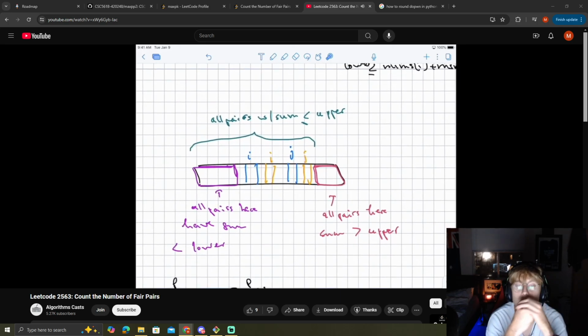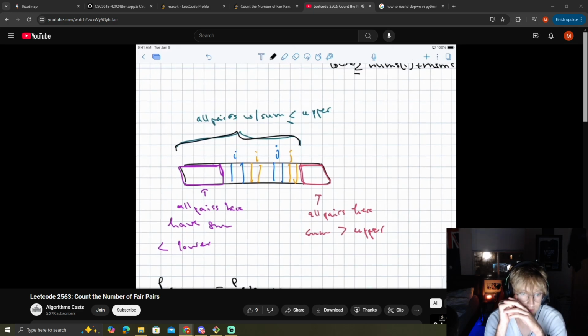If we assume that, then we know that this portion here is all the pairs that have the sum smaller than or equal to upper, because the pairs here are those that have the sum between upper and lower.